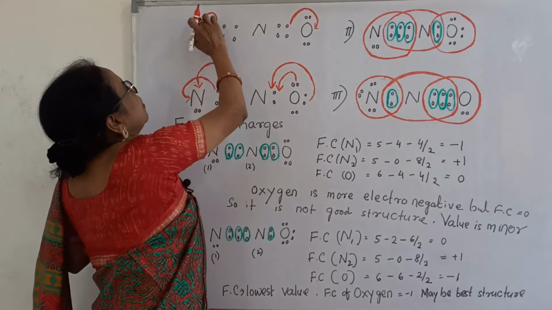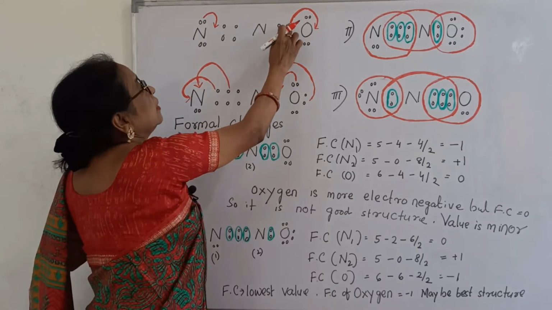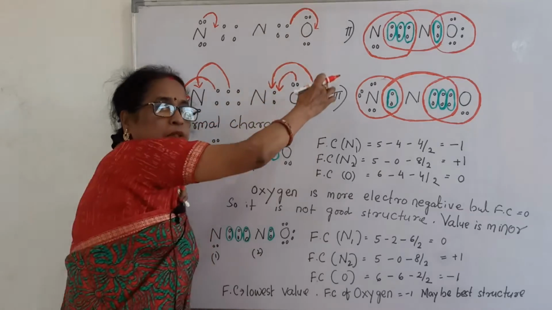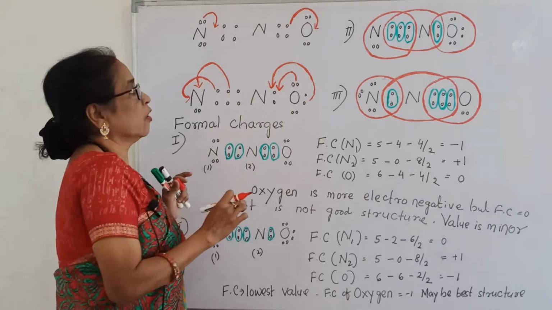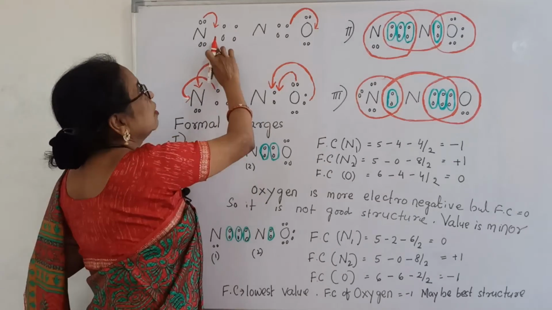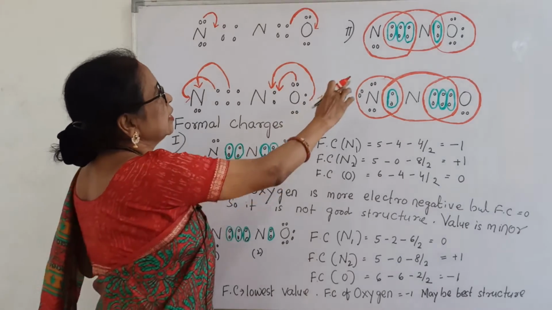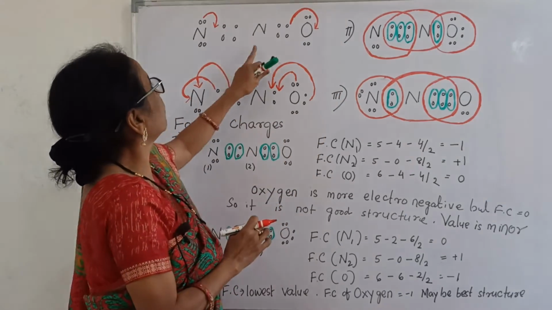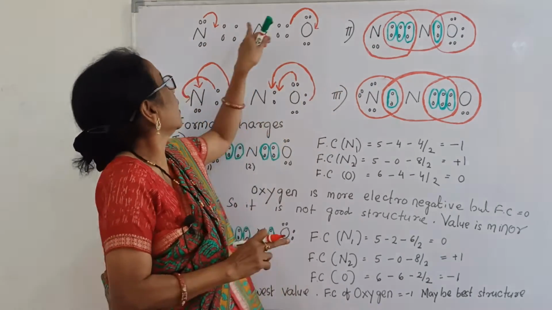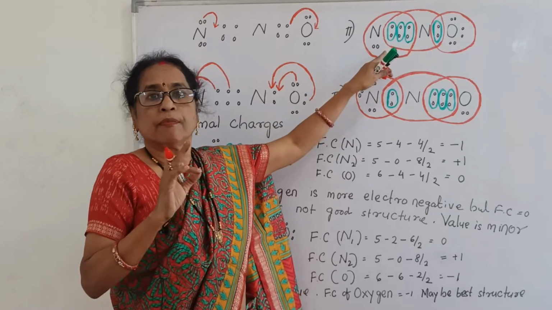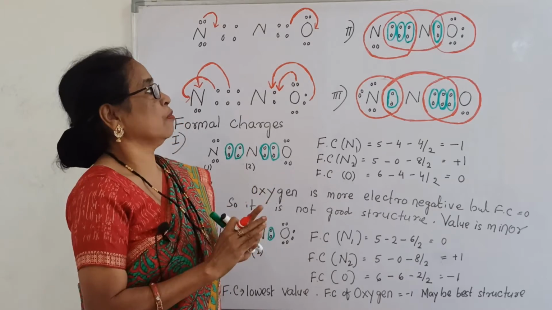See again, this pair of electrons is transferred to here between the 2 nitrogens, and this pair is transferred to the oxygen, and here it will form non-bonding electrons. Now this is the second structure you can find. Since a pair of electrons is transferred here, 3 pairs of bonding electrons form. That means 3 bonds now form.